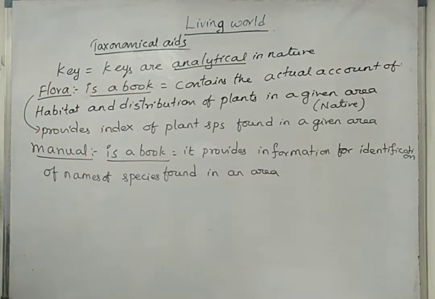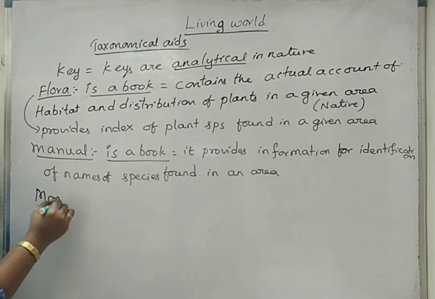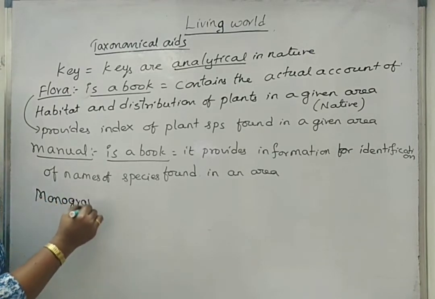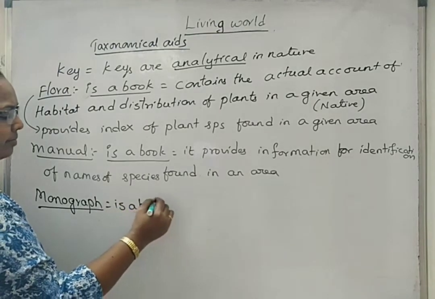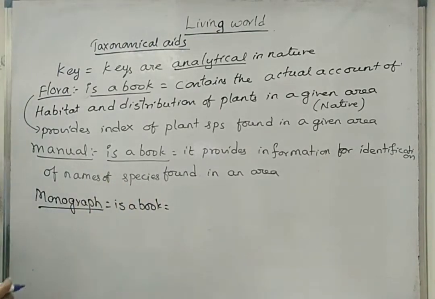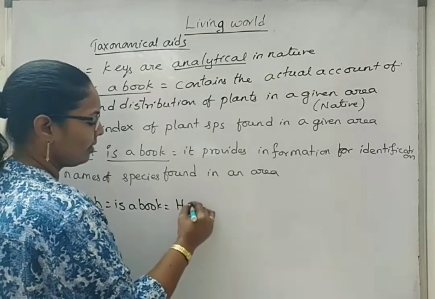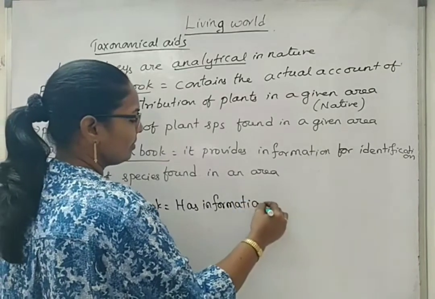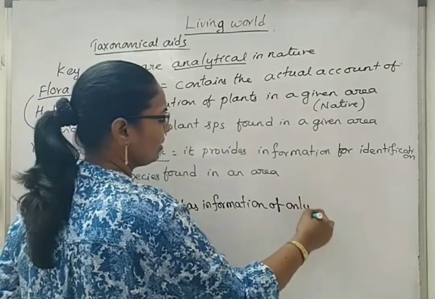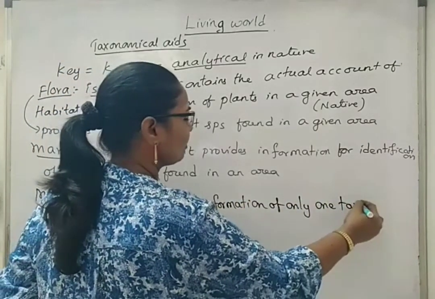Next, monograph. Monograph is also a book. It has information of only one taxon.